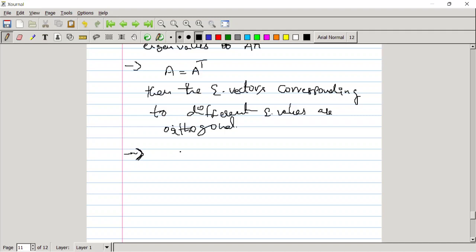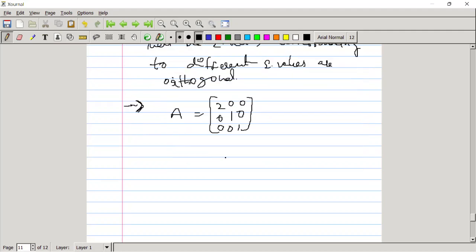Okay, let me explain anyway. Suppose we have taken some matrix. Let me take the diagonal matrix with entries 2, 1, 1, and zeros elsewhere. It is of course a symmetric matrix. So its eigenvalues are nothing but 2, 1, 1.